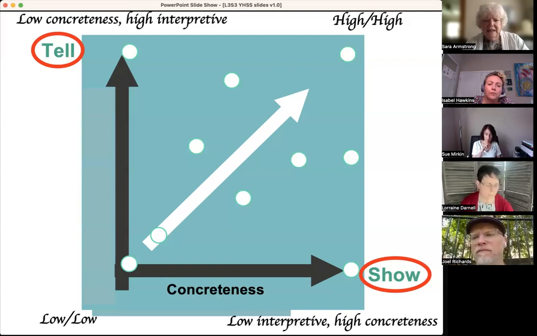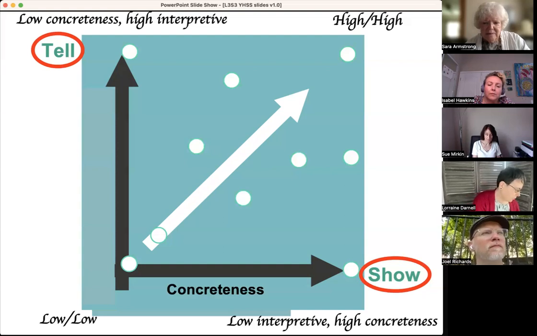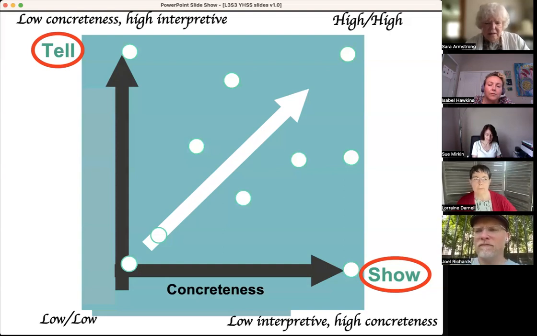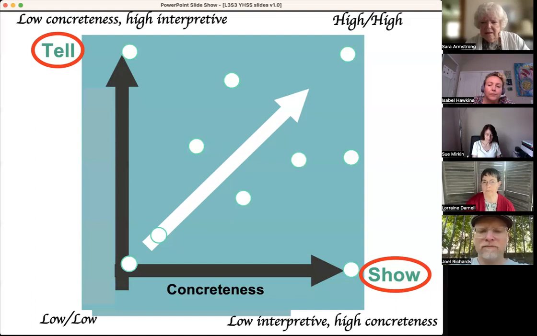And if you go over to the lower right, where it's high concreteness and low interpretive language, that's showing. So showing has no level of interpretation, but a high level of concreteness.